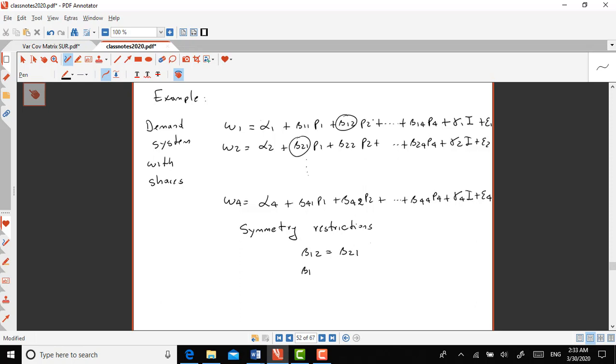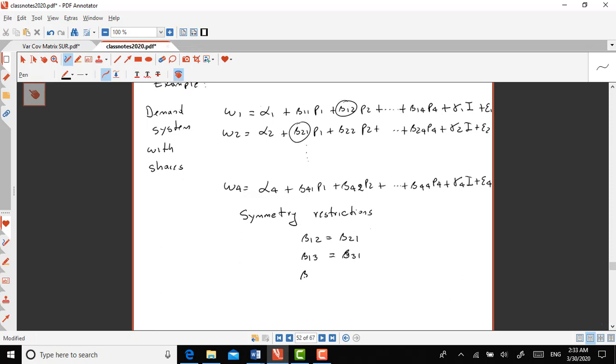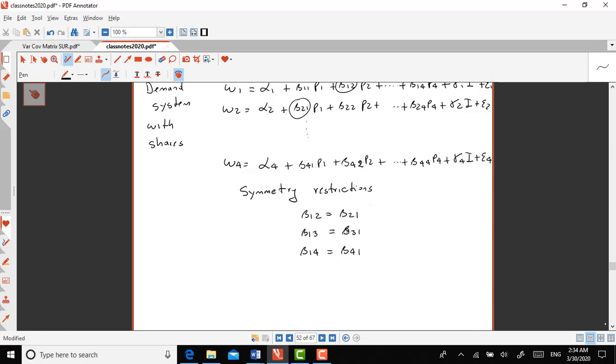And also, the effect of the price of good 3 on the first good has to be equal to the effect of the price of the first good on the share of the third good. We can write all of these restrictions for all of the goods, and so on and so forth.